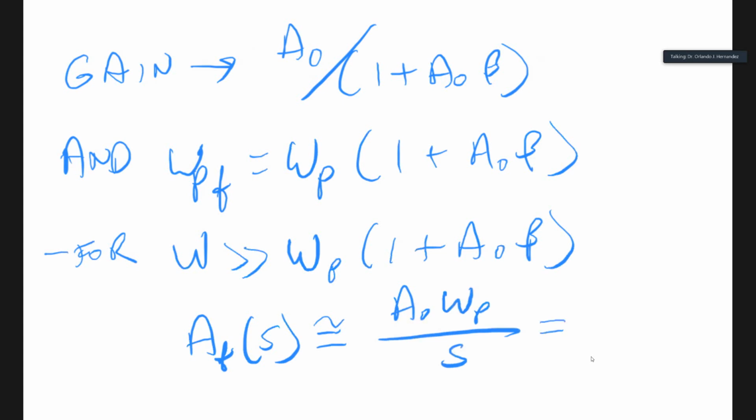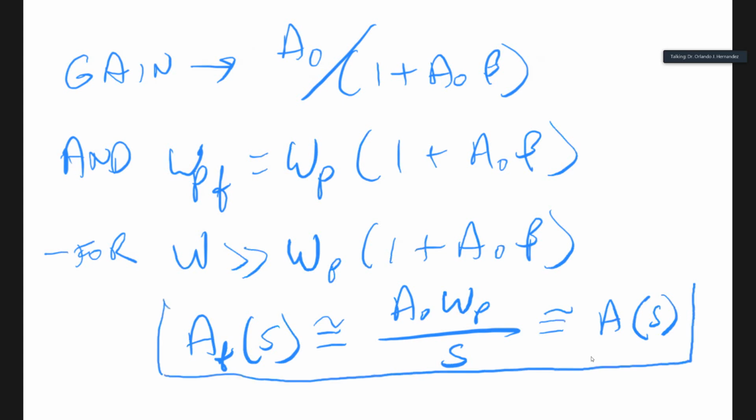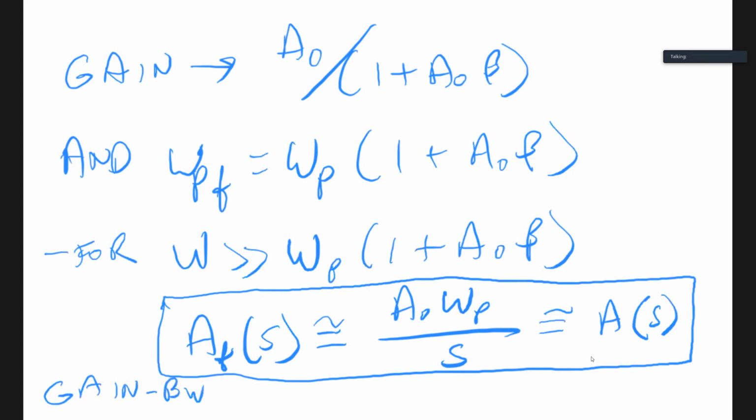and that also approximates the open loop gain. So this realization, a very close approximation of what happens at these higher frequencies, is really what gives us the property of the gain bandwidth product.